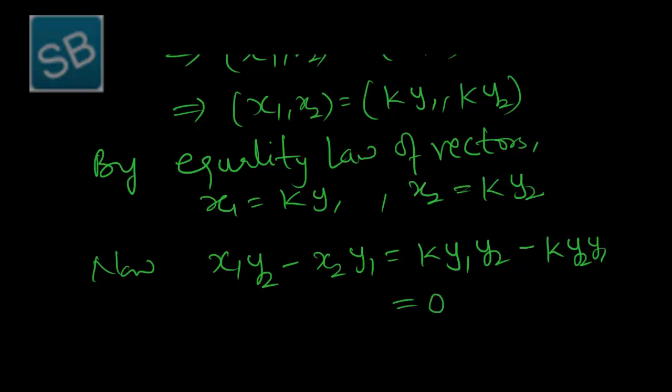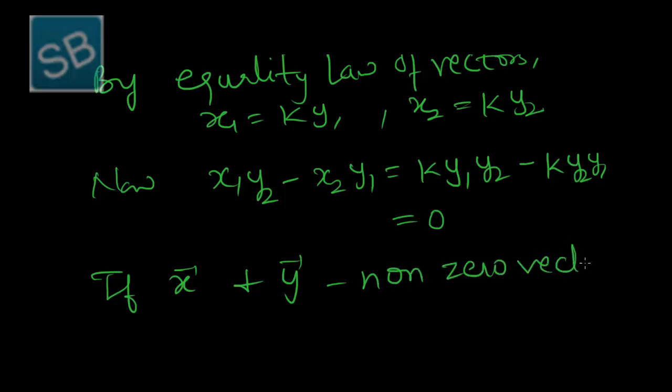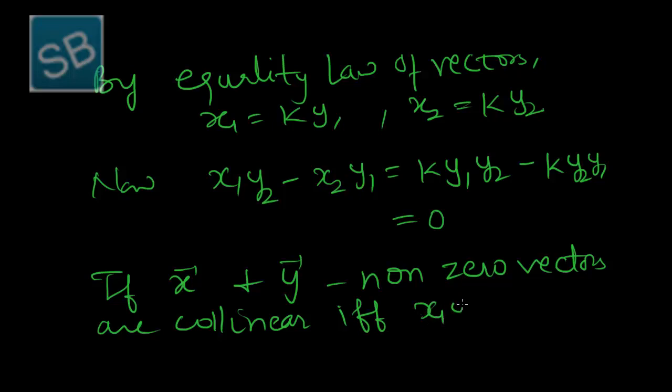That is, x and y being non-zero vectors are collinear if and only if x1 y2 minus x2 y1 is equal to 0.